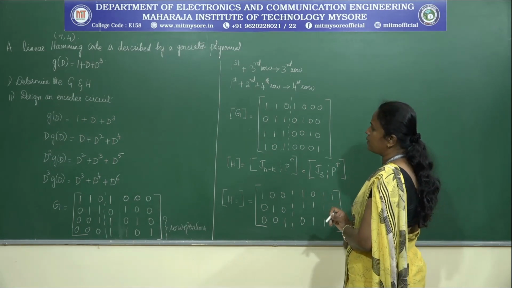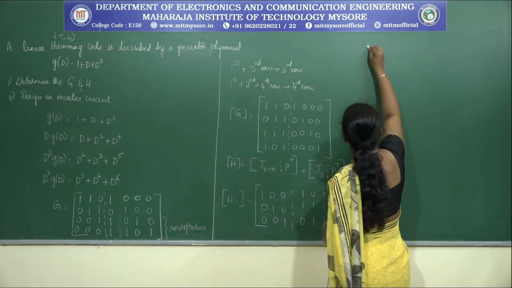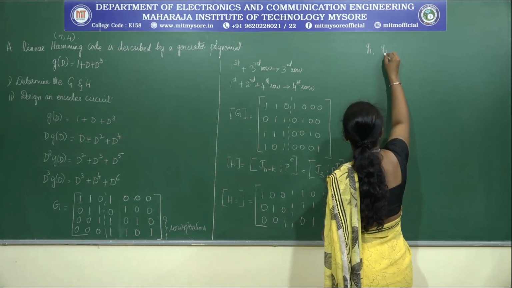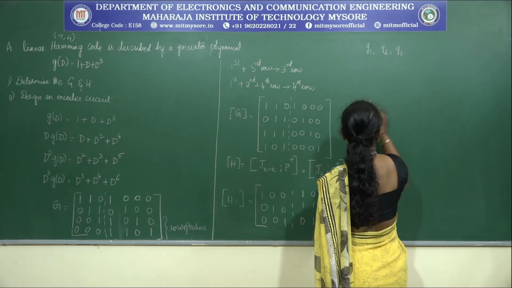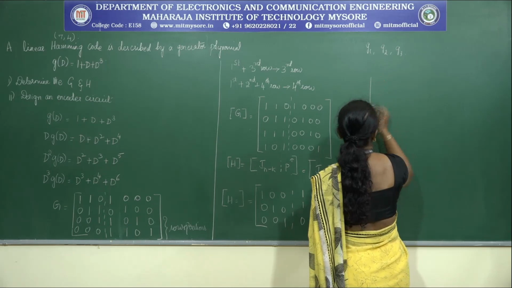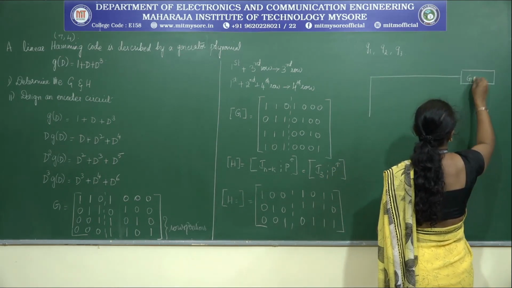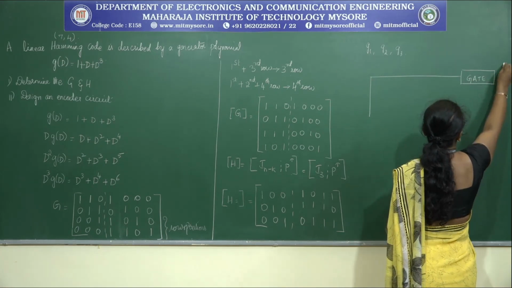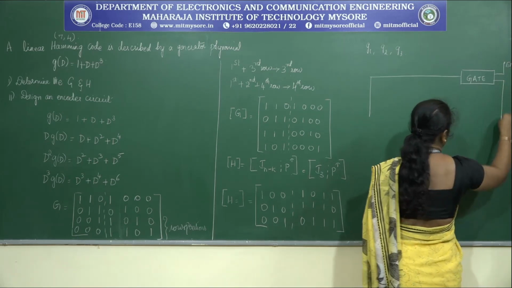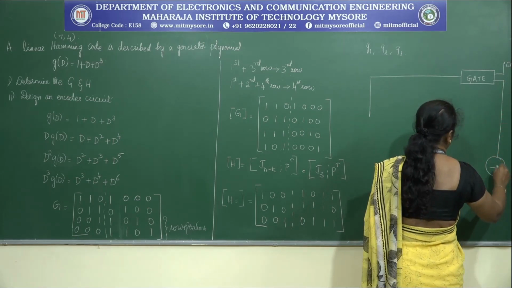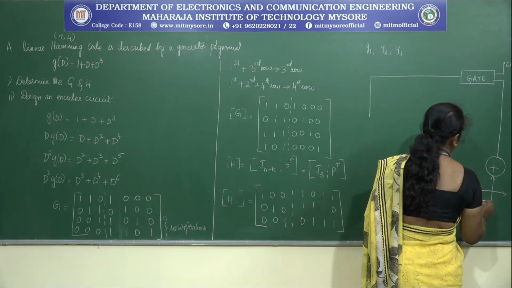So n minus k means we need to consider 7 minus 4, that is 3, that is G1, G2 and G3. So this is your gate and this is your enable signal and this is feedback from the input. So where we have 2 points here.